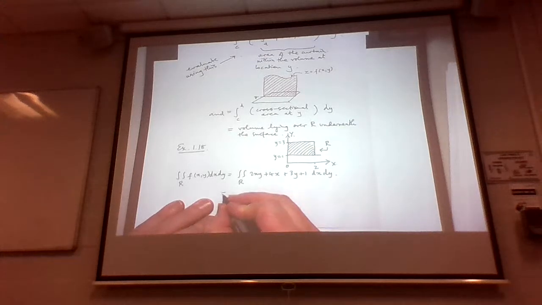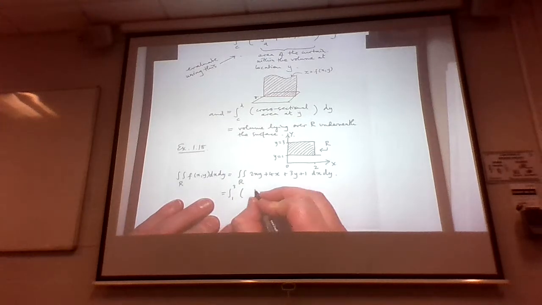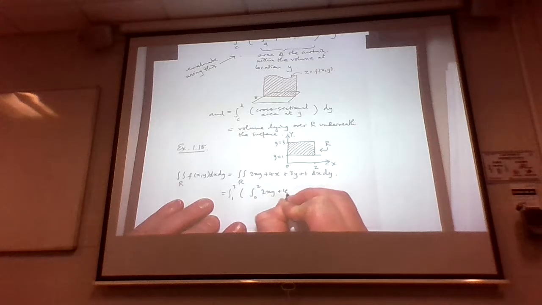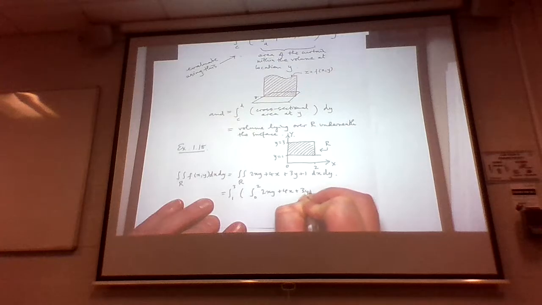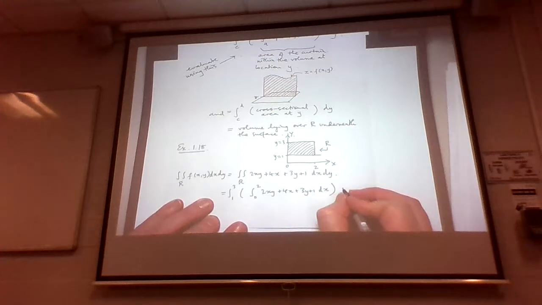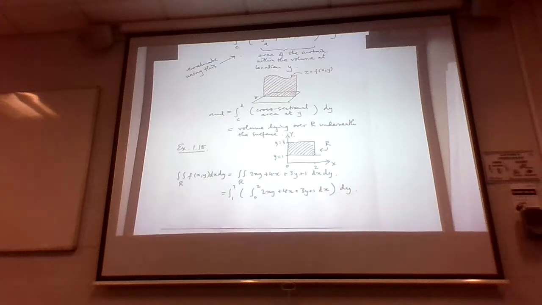Okay. Well, this becomes the repeated integral, where we integrate from y equals 1 up to 3, the integral from x equals 0 up to 2 of our function 2xy plus 4x plus 3y plus 1 with respect to x, and the inner integral with respect to x, the outer integral with respect to y.